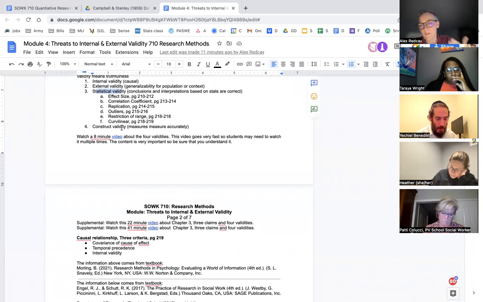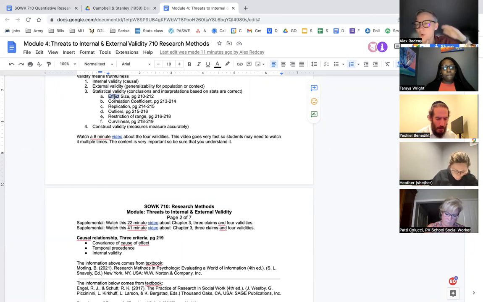Then we have statistical validity. We could do the statistics and the math and get a great p-value, but it has a low effect size, which means, yes, it is significant, but is it big enough? Sometimes you can fake significance.